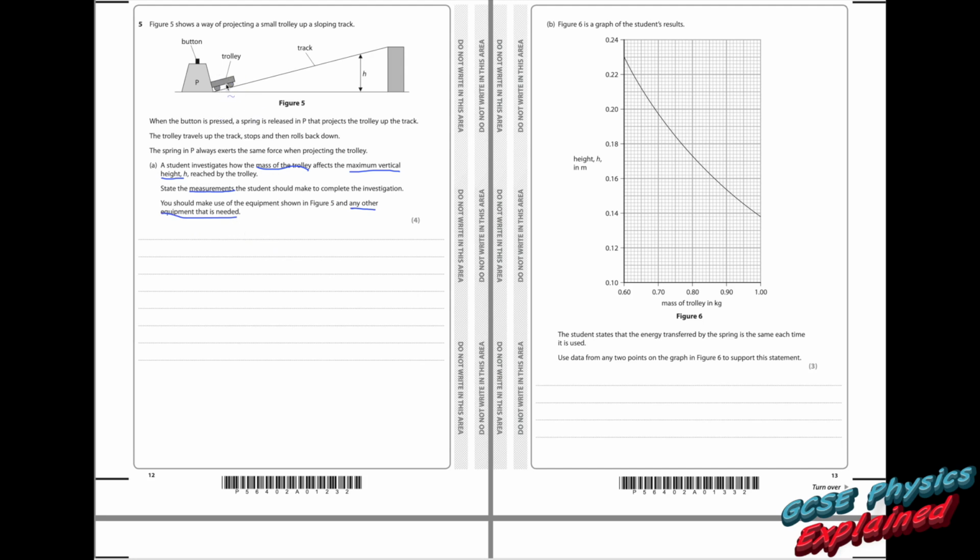Okay, well, measure the mass of the trolley with a mass top pan balance. Right, I should get 1 mark for that. Measure the height that the trolley gets to using a ruler, vertical height.